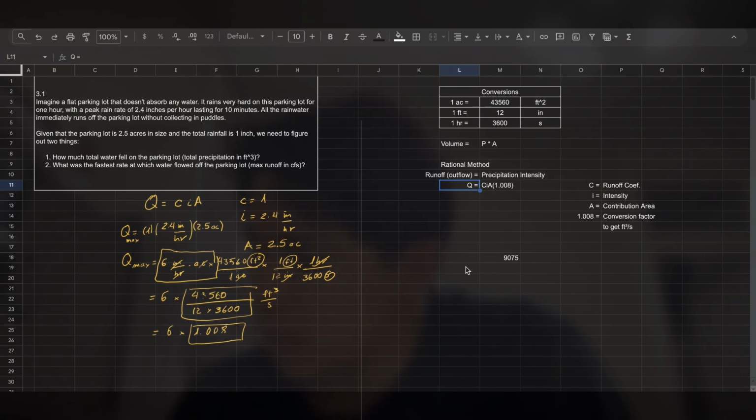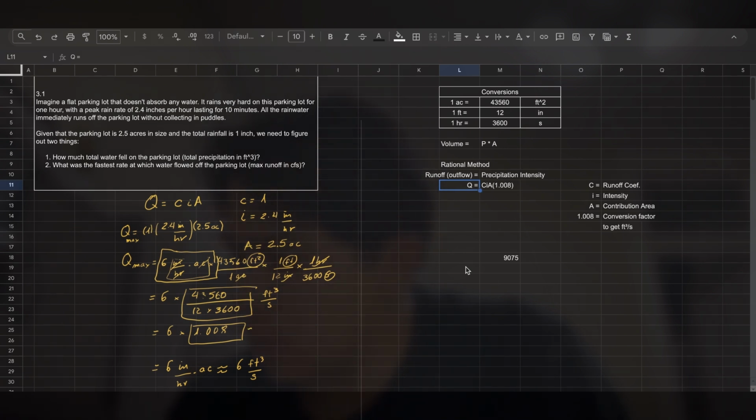We can assume that this is already 1, and we can make an assumption that 6 inches per hour times acres is about the same as 6 cubic feet per second. I hope this makes sense. And this is the reason why we use 1.008 as a factor to convert inches per hour times acres into cubic feet per second.